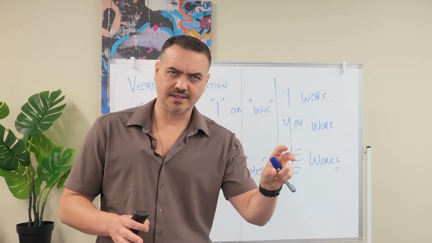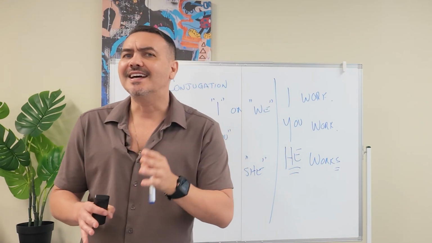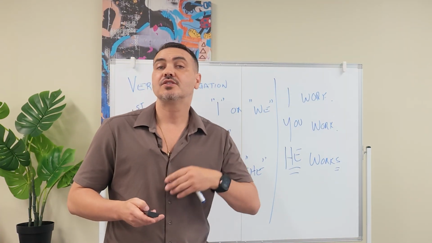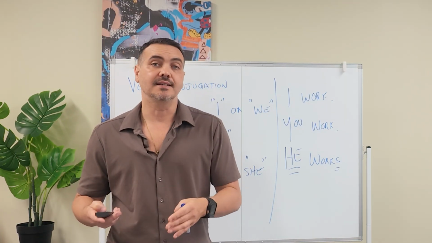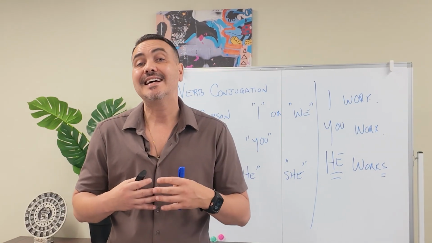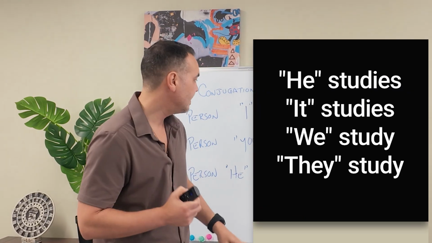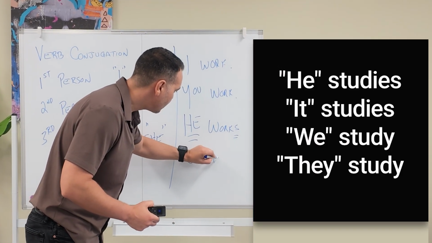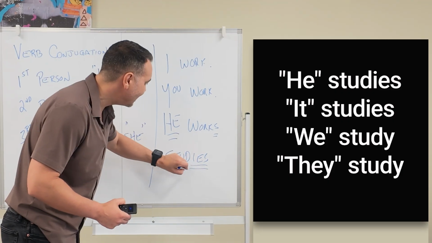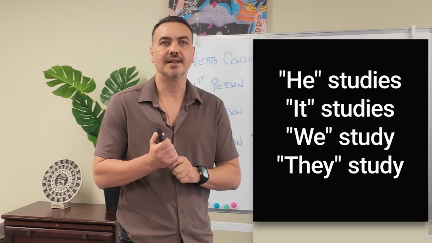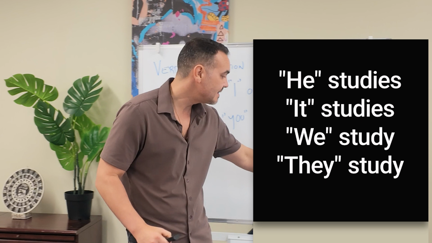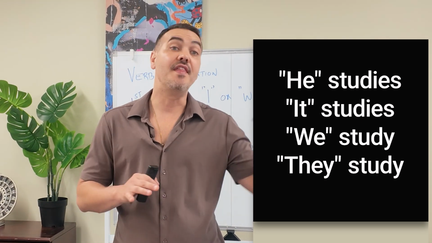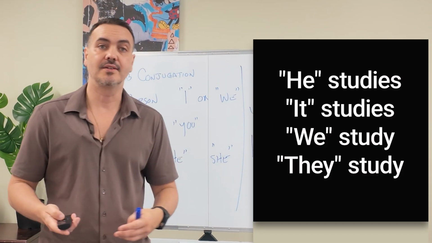It works. Only he, she, and it have an S at the end of the verb. Okay? Here's more examples with the word to study. He studies. Okay? So studies, we're adding IES at the end, okay? It studies. We study. They study, okay?